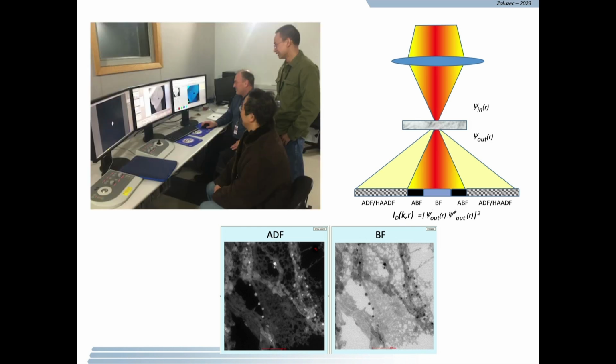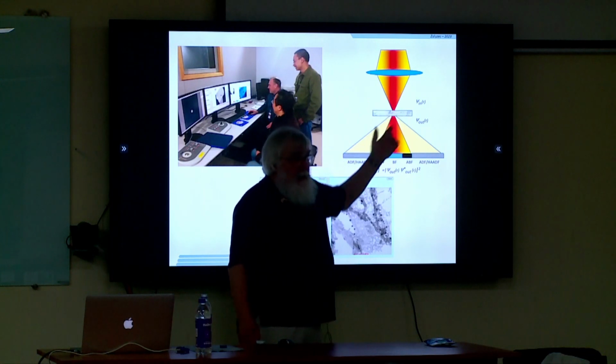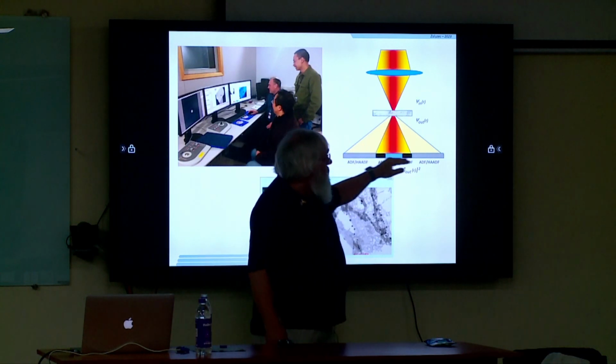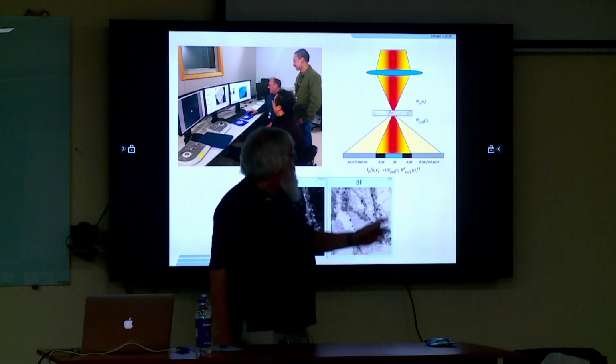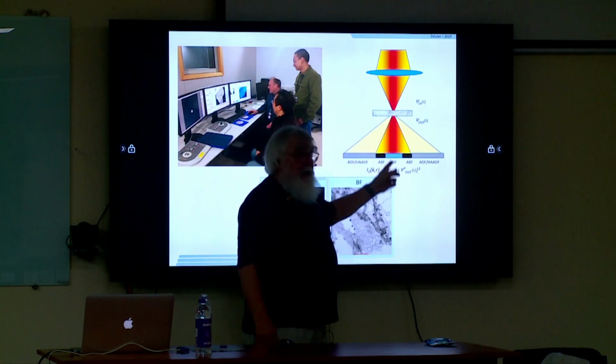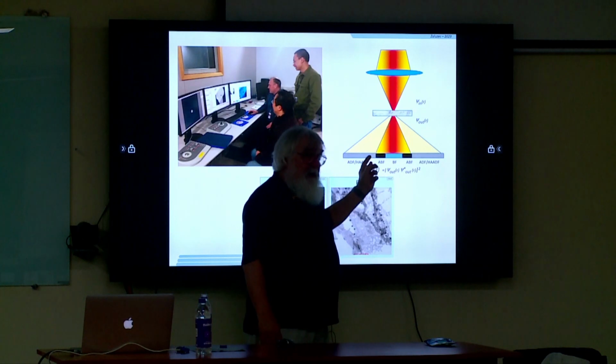The nice thing about doing a STEM experiment is that when we focus the beam down, we can have multiple detectors beyond the sample. In a normal TEM, we only look at the beam that's either coming through or one of the diffracted beams.